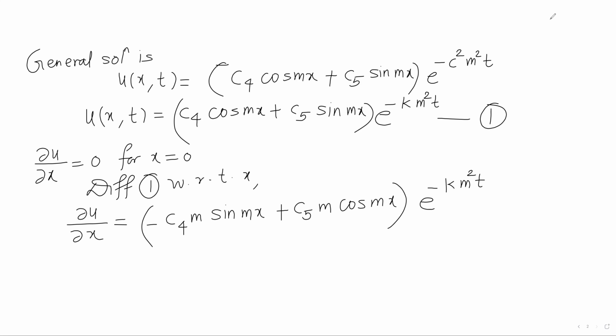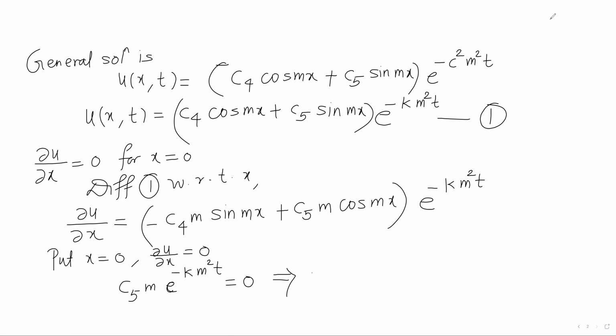Now put x equal to 0 and ∂u/∂x equal to 0. We get c5 m times cos 0, which is 1, into e raised to minus k m square t, equal to 0. You can see that m cannot be 0.